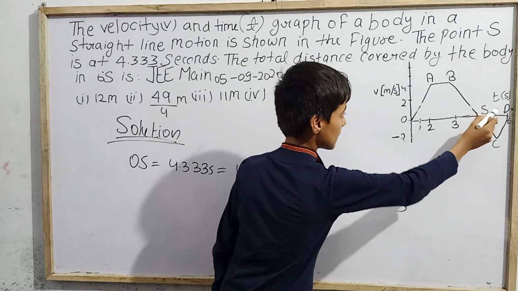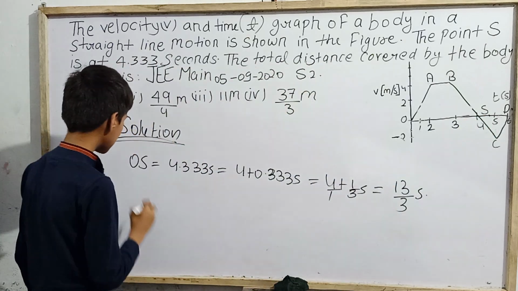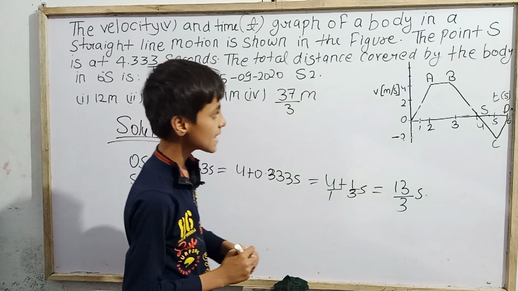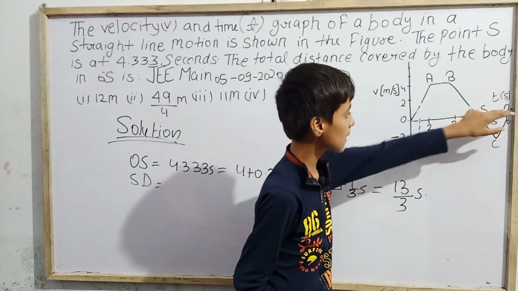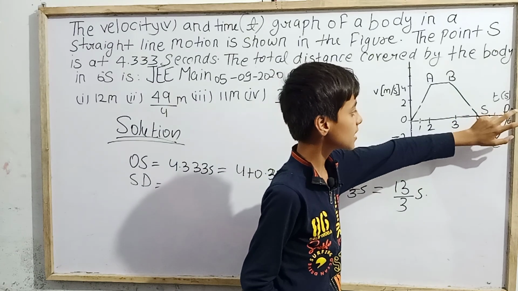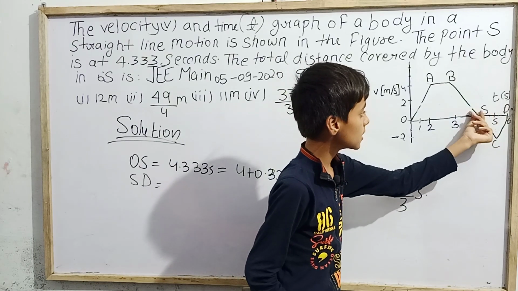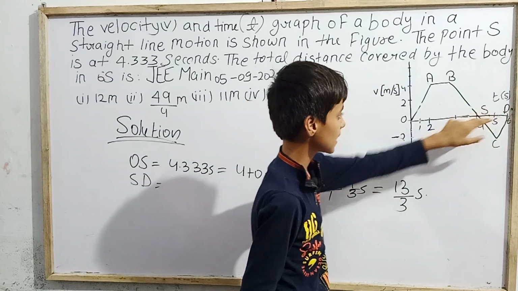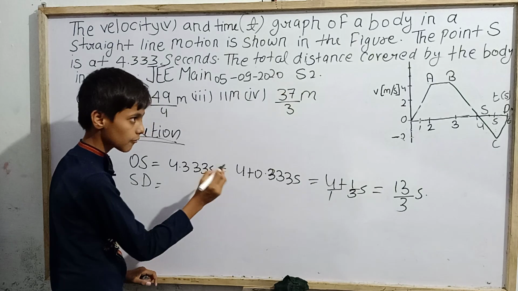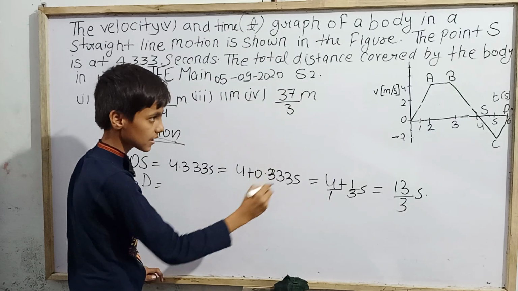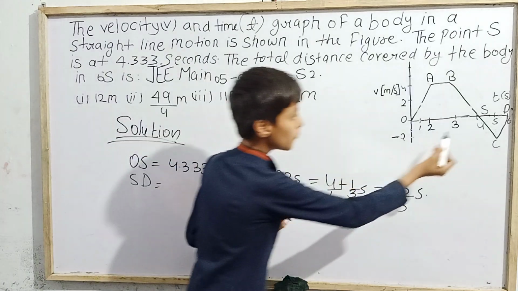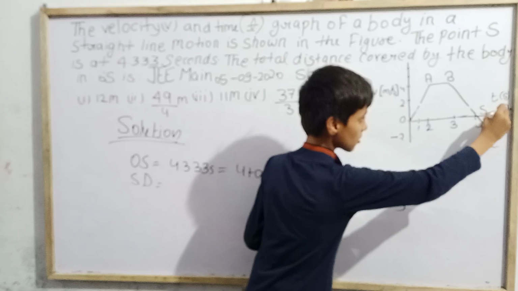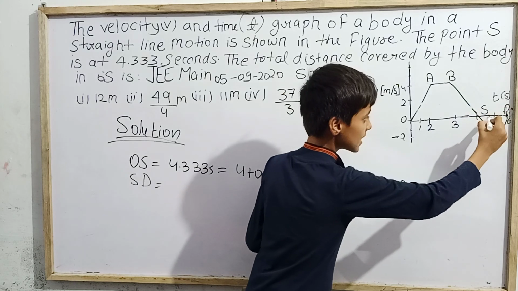Now let us find SD. SD means from 4.333 to D. The distance from 4 to D, where D is at 6, is 2 units.